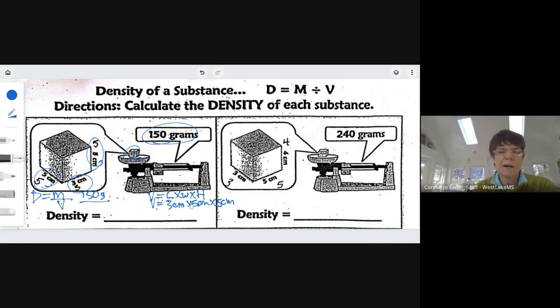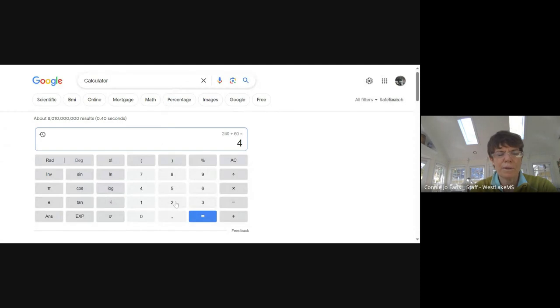You can use your calculator, but you should be able to do this in your head. If you know that 5 times 5 is 25, 25 times 3 is 75. If you want to see me do this on the calculator, we have 5 times 5 times 3, and that gives us 75.